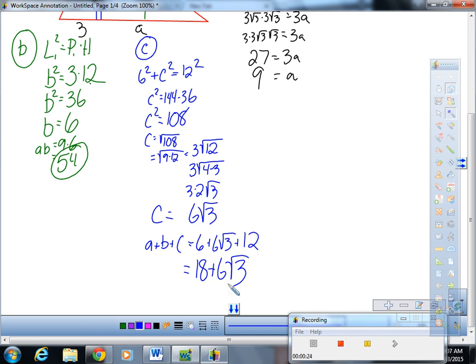Sorry, I got that wrong. It's A plus B plus C, not the perimeter of the triangle. I have no idea why they want A plus B plus C, but it should be 3 plus 6 radical 3 plus 12, and that should be 15 plus 6 radical 3. Okay, thanks for bearing with me.